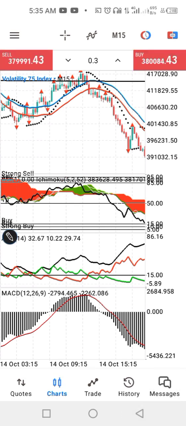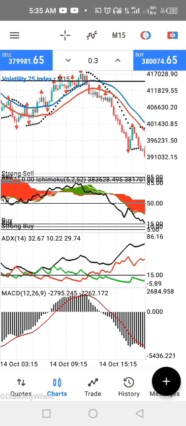The next thing is you be attentive. In our main chart, once the price closes below the 20 moving average, can you see? Once it closes below the 20 moving average, and already our Ichimoku is giving us a signal from here.